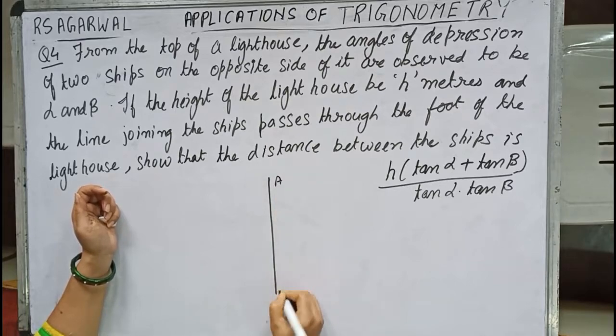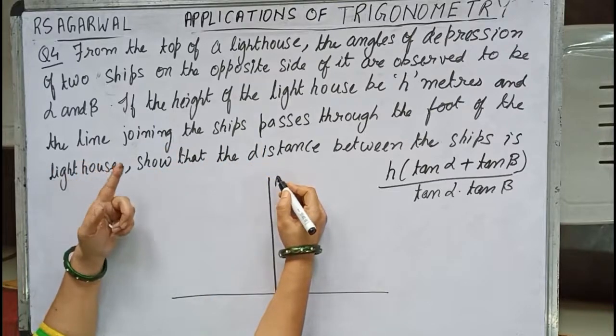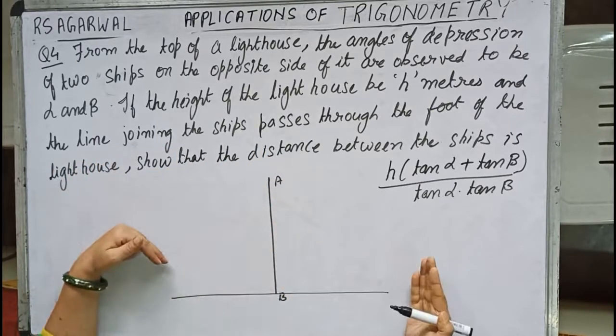Obviously this will be the horizontal level. From the top of a lighthouse, the angles of depression of two ships on the opposite sides of it are observed to be alpha and beta.